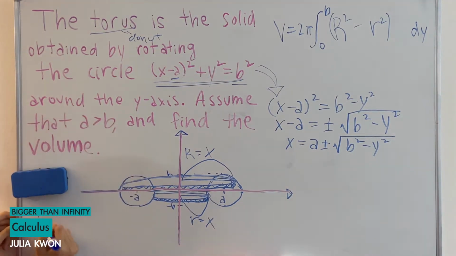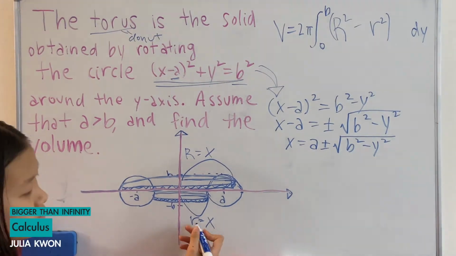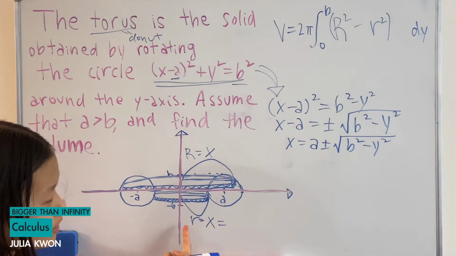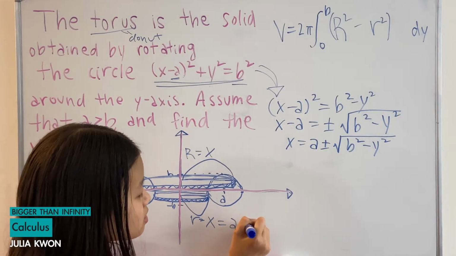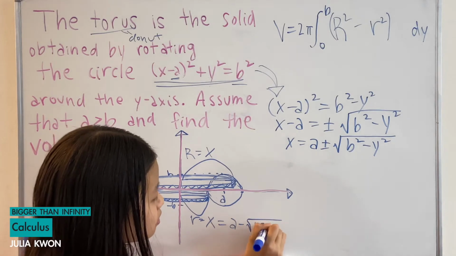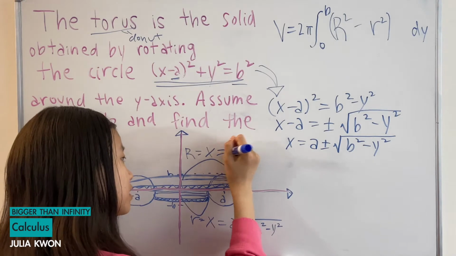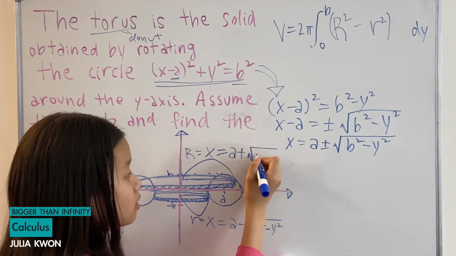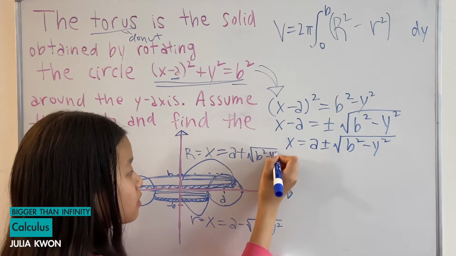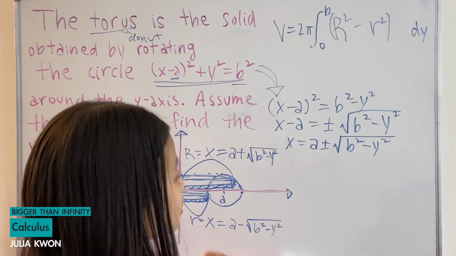For the smaller radius, we have x is equal to a minus the square root of b squared minus y squared. For the larger radius, we have x is equal to a plus the square root of b squared minus y squared. Okay, I'm just going to erase this part now since we don't need it anymore.